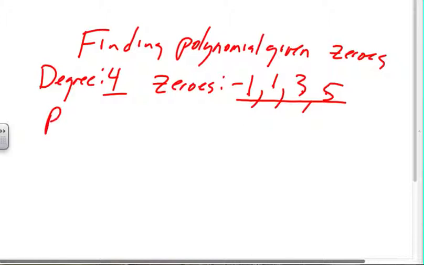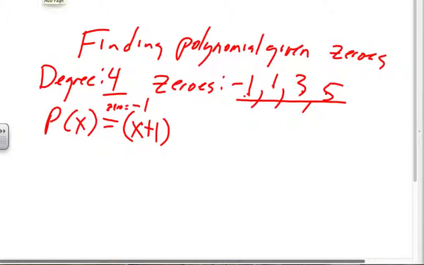My polynomial will just equal, and this is my 0. So it becomes x plus 1, because if you plug a -1 in, it makes that 0. That's for the 0 equals -1. If you plug a -1 in, you get a 0, what we're looking for.